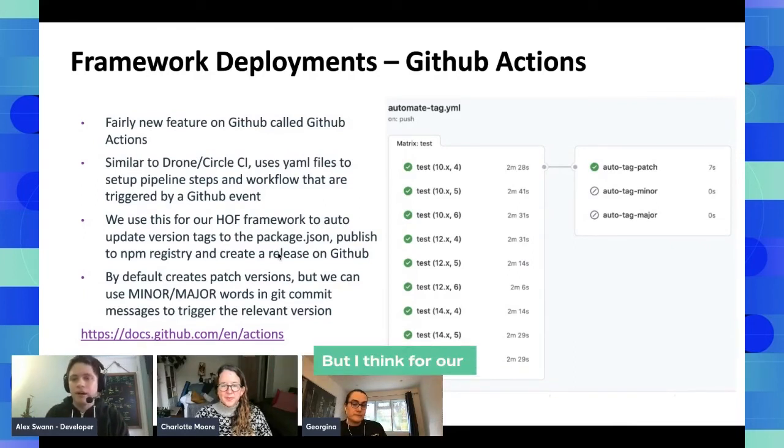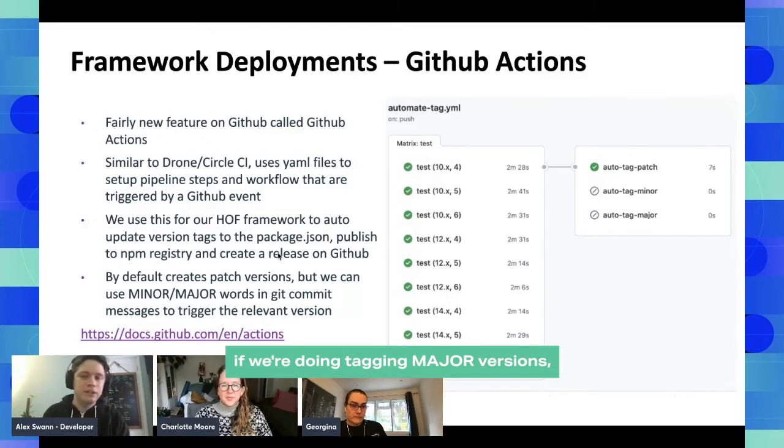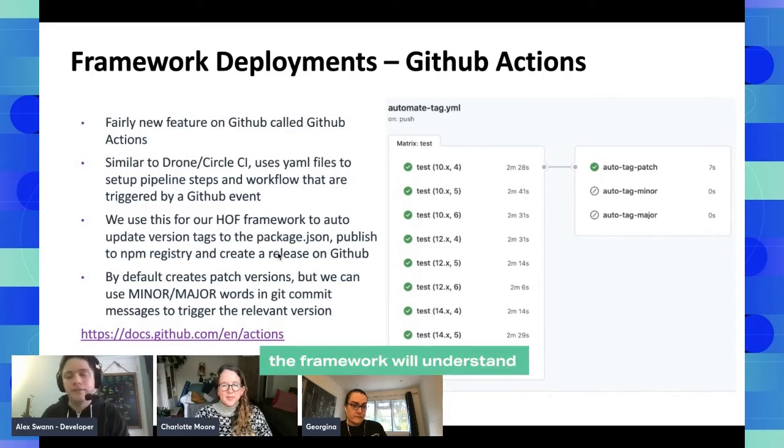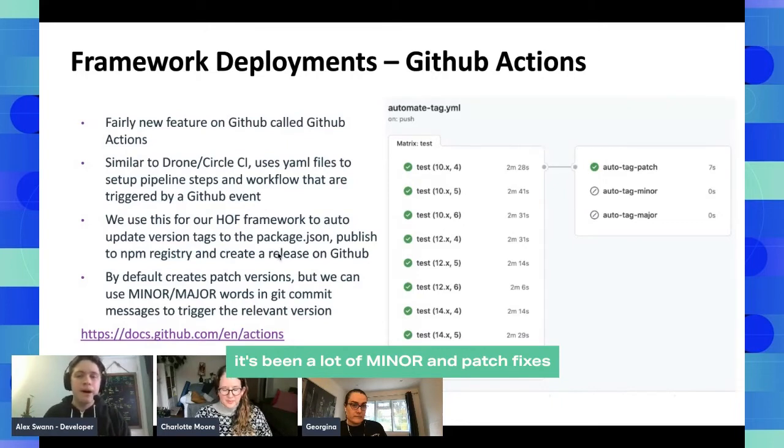But if we're tagging major versions, I think we would like to actually have some helpful release notes so that others using the framework will understand what the major changes are. So far, it's been a lot of minor and patch fixes since we've picked this up this year, but we're constantly working to improve on this.